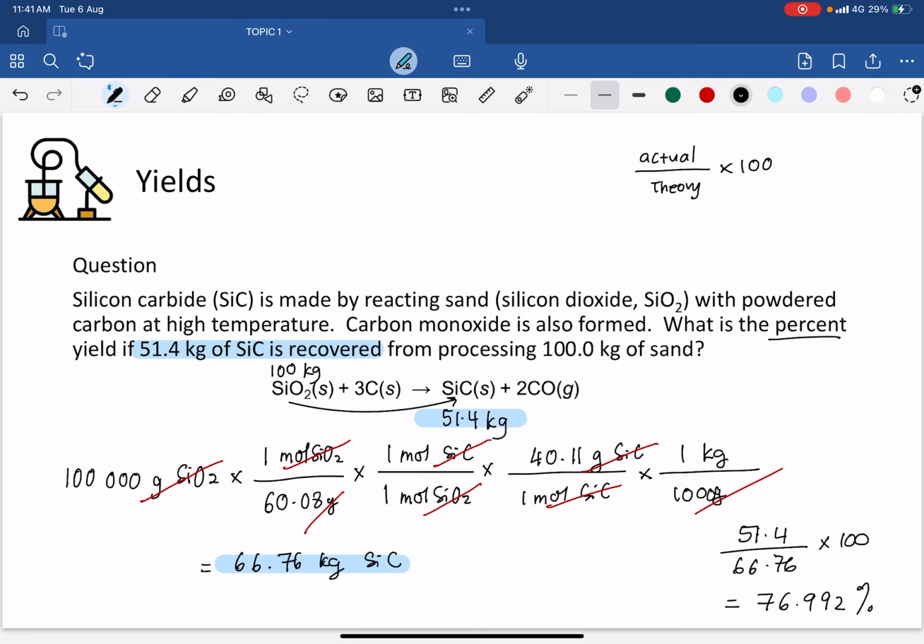That's a lot of decimals. Okay. So, madam, can I make it a round number, or make sure it is 3 significant figures? So 77.0%. Okay.